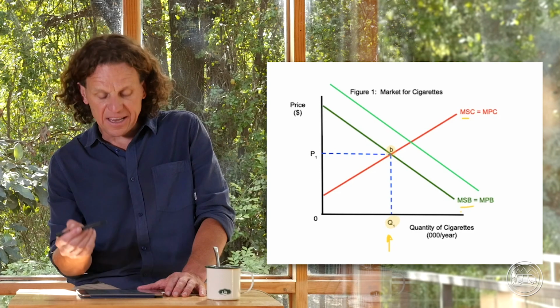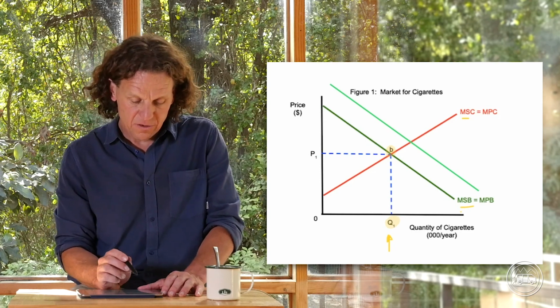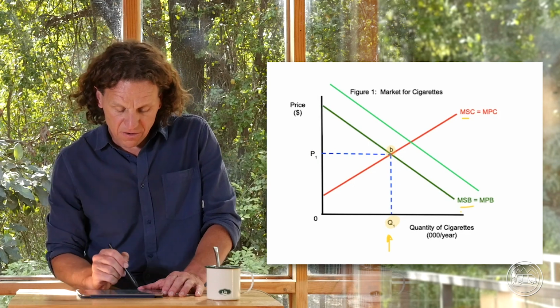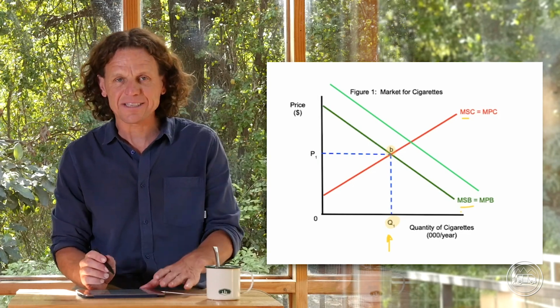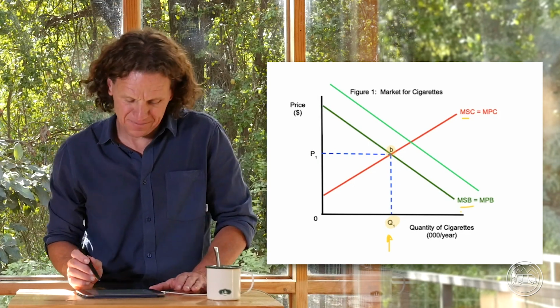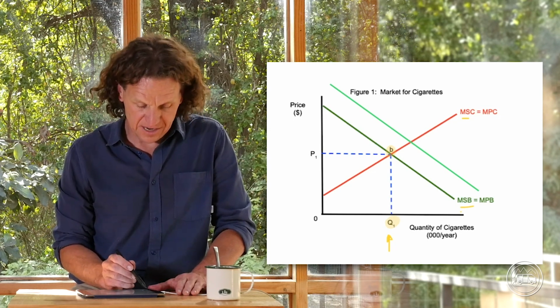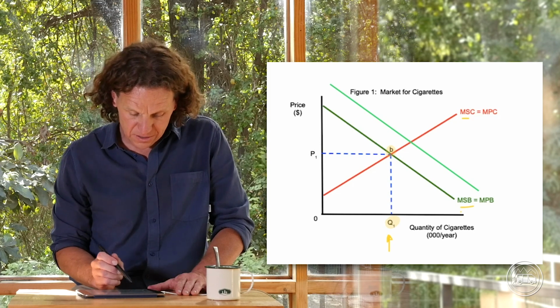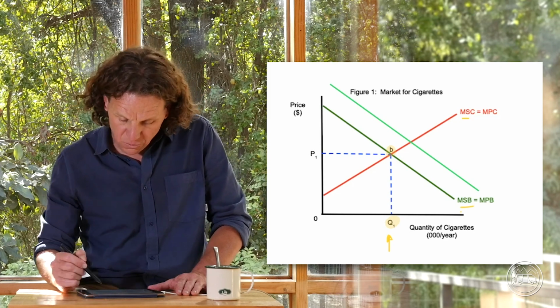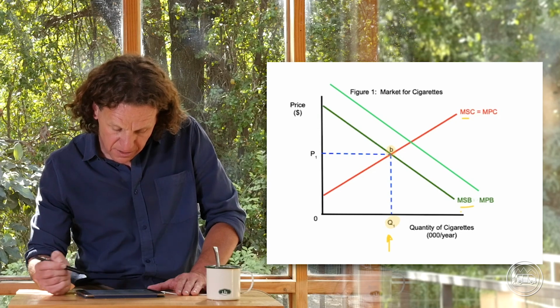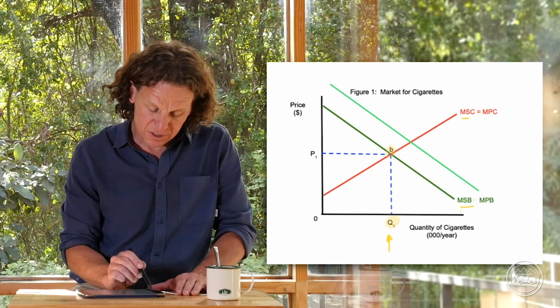There is a negative consequence to the people around me, and that means that their lungs get damaged. So as a result of that damage done to the lungs, these two lines no longer equal each other, and they've become separate.